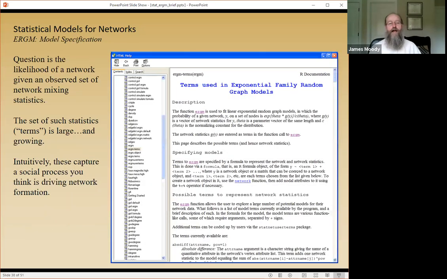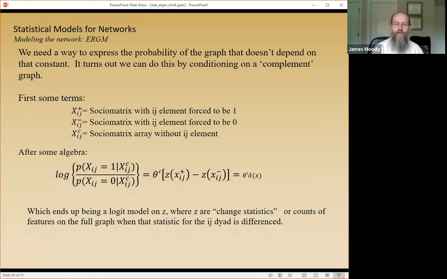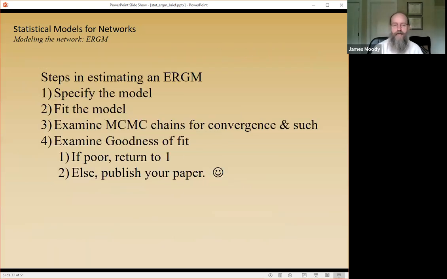All right, so from a pragmatic standpoint, what do those of us poor mortals who are trying to estimate these models get out of them? The beauty is that people like Dave and Carter and Pavel and Mark Hancock have done a lot of the work of figuring out how you calculate this critter for us. They've built these models in the StatNet package.